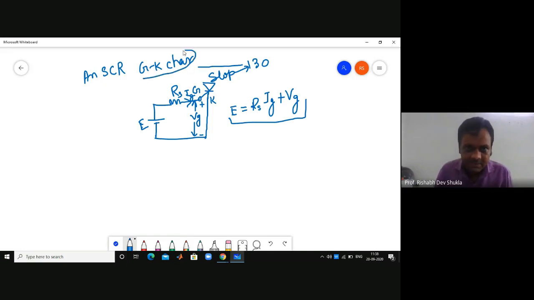Here this is the gate to cathode characteristics, meaning two variables, Vg and Ig. So this equation can be represented in terms of Vg and Ig.